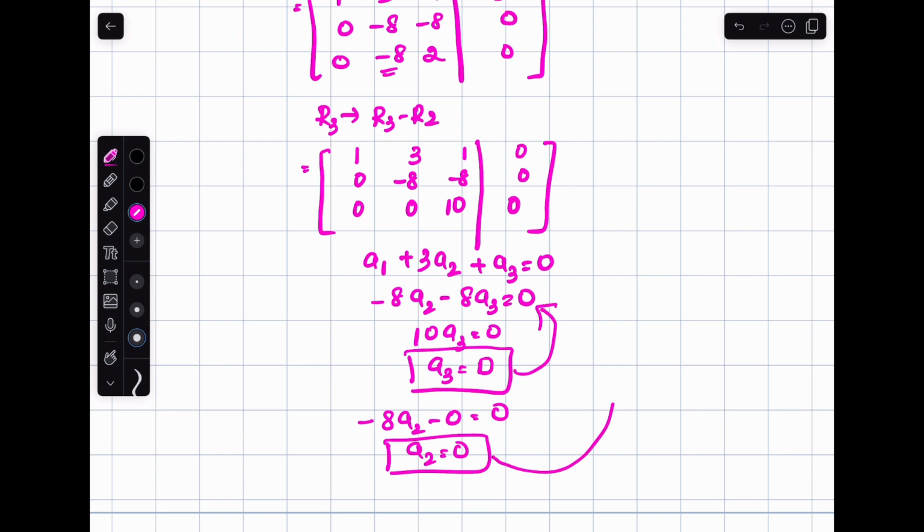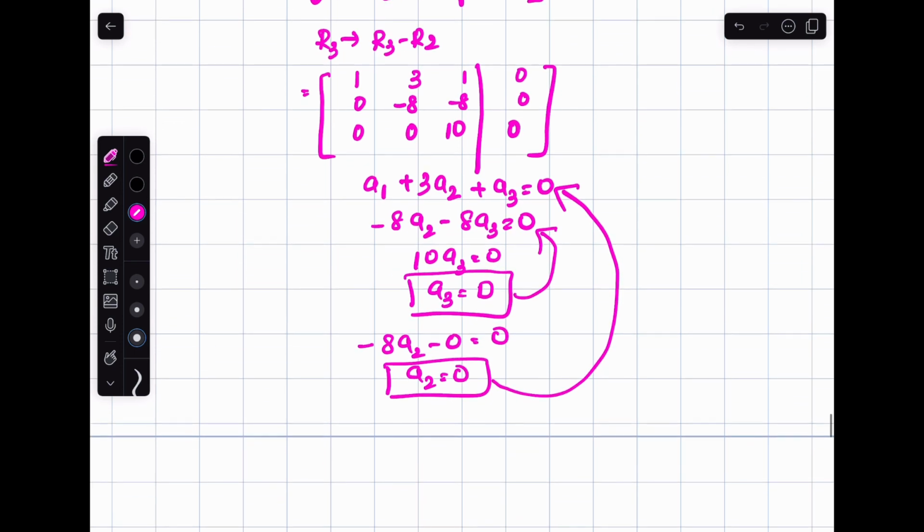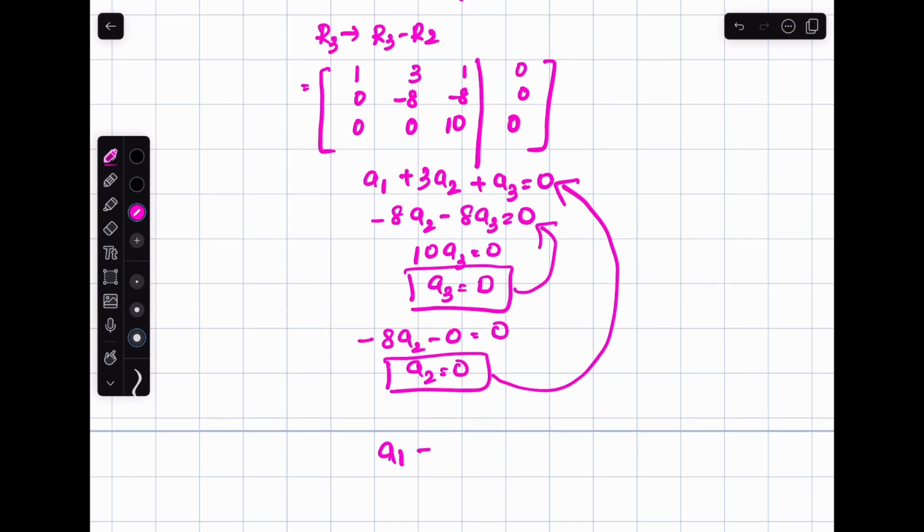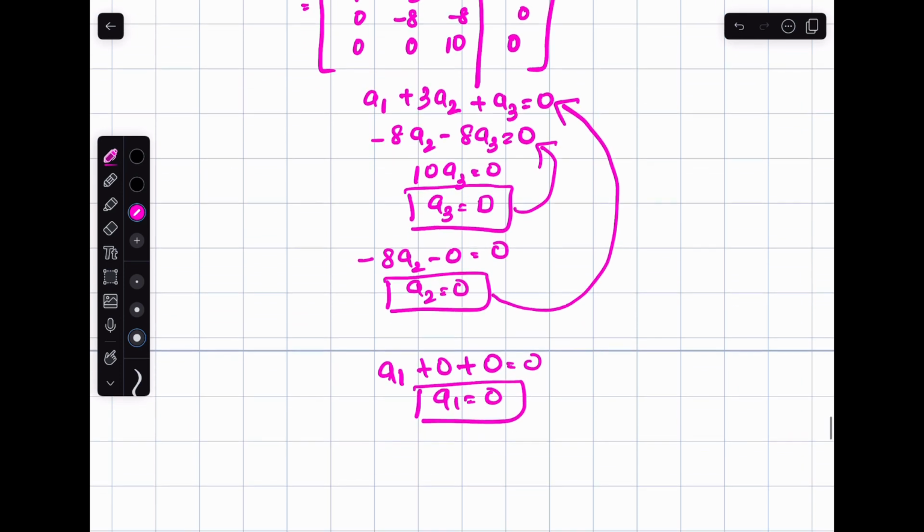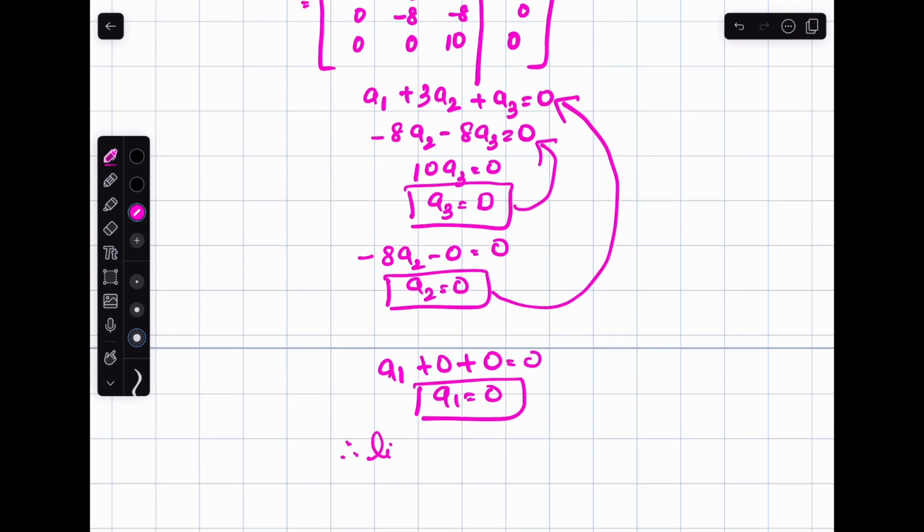Now we apply to the first equation: a1 plus 0 is equal to 0, that is a1 is equal to 0. Therefore it is linearly independent, because a1 is equal to a2 is equal to a3 is equal to 0.